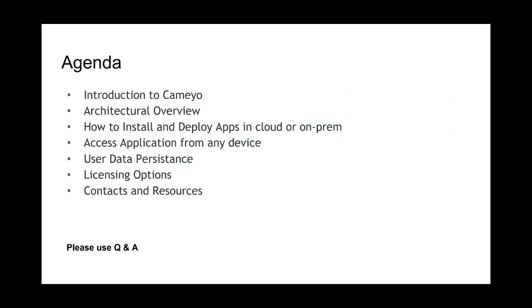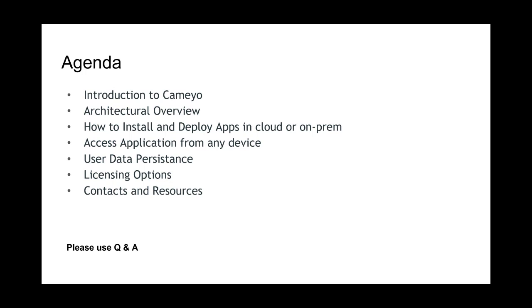We'll have a short agenda here. I'm not going to go through it point by point, but we'll try to cover these topics. So we'll have an introduction to Cameyo, and we'll talk a little bit about the architecture and how you can install and deploy the applications in the cloud or on-prem. And also how can you provide access to the applications for your users?